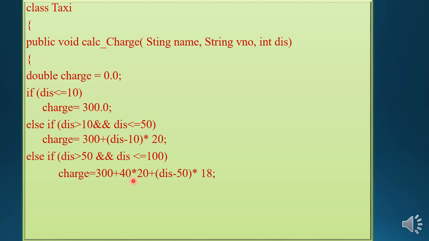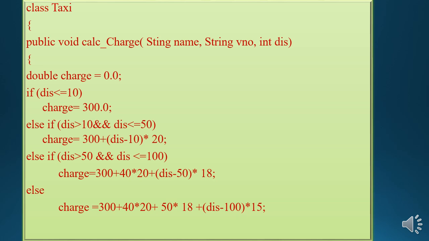For that range of distance, the charge is rupees 20. So 40 star 20 plus, what is the distance exceeding 50? How will you find out? dis minus 50 star 18. 18 is the fixed rate per kilometer for the distance from 51 to 100. So this is the statement if the distance traveled lies in the range 50 and up to 100.